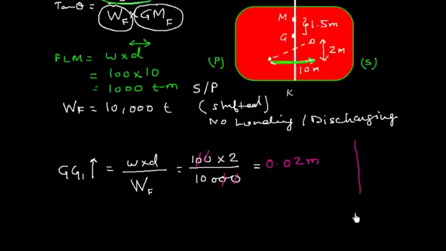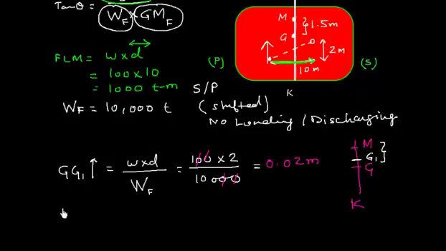Now if we look at this, K is here, G is here, and M is here. Since there is a shift in the upward direction, the G will also shift upward to G1.